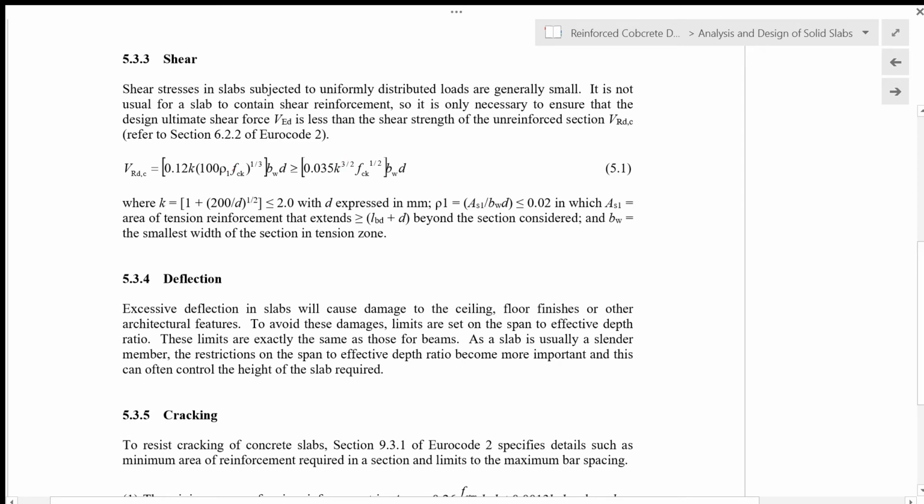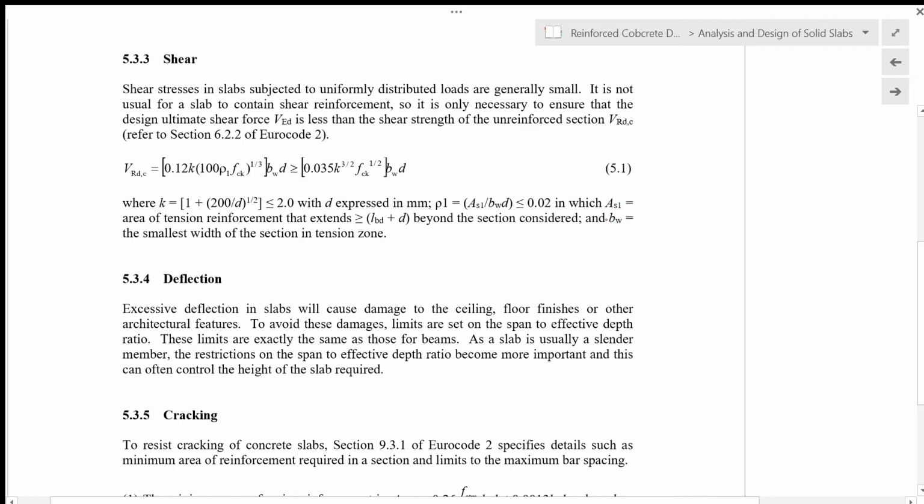And then rho 1 is Asl over bw d, okay, where Asl is the area of tension reinforcement that extends beyond lbd plus d beyond the section considered. So lbd is the bond length, okay, d is the effective depth, and then bw is the smallest width of the section in tension zone.